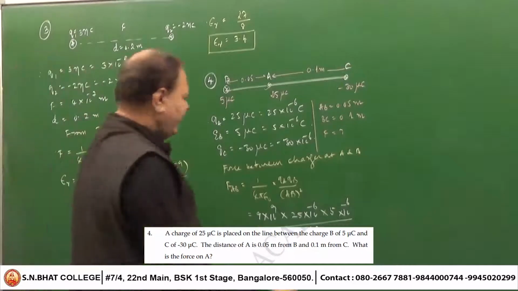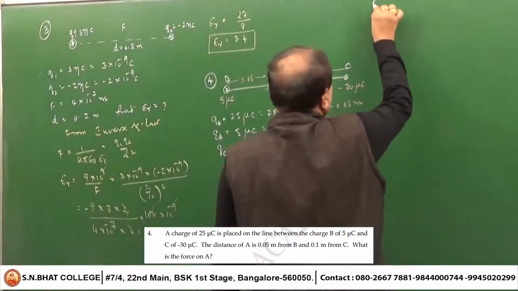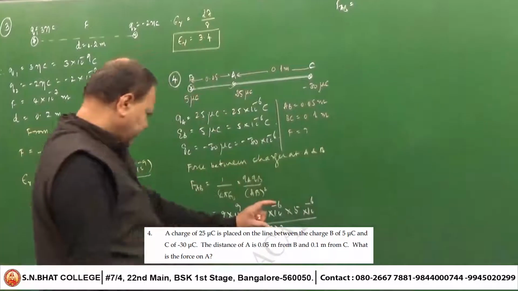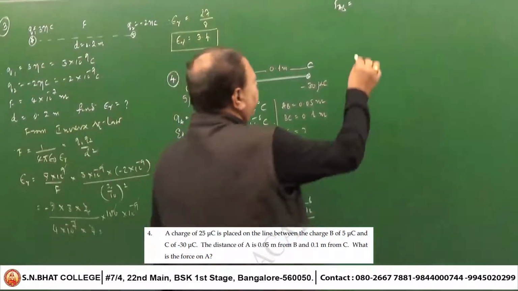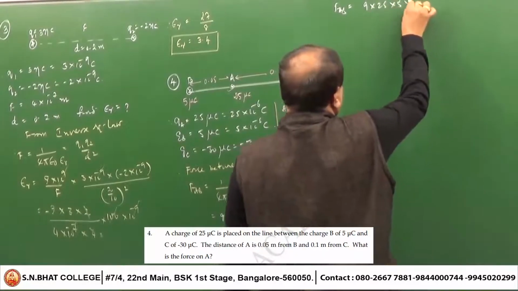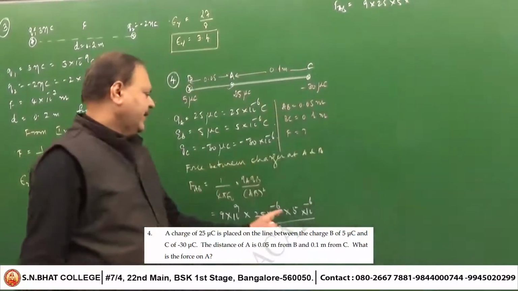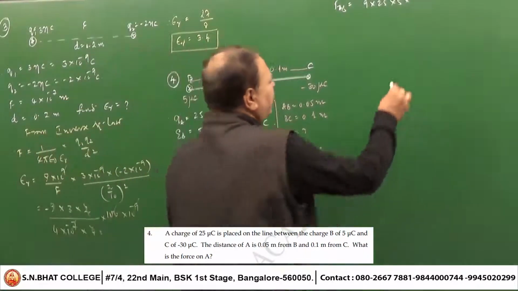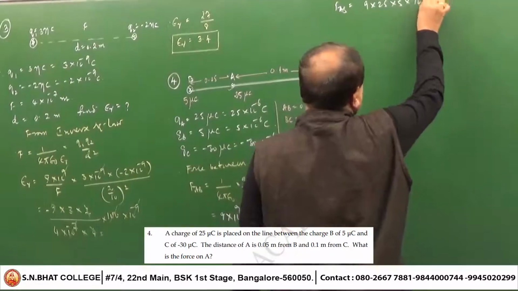Now you simplify this. Your FAB is equal to, first you rearrange these terms, that is 9 into 25 into 5 into 10 to the power of minus 6 minus 12 plus 9, and therefore in the numerator it is minus 3.